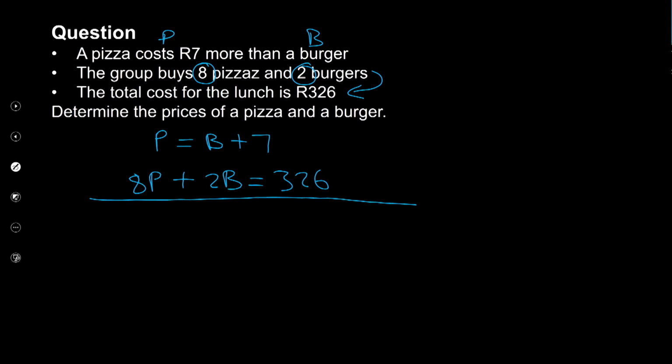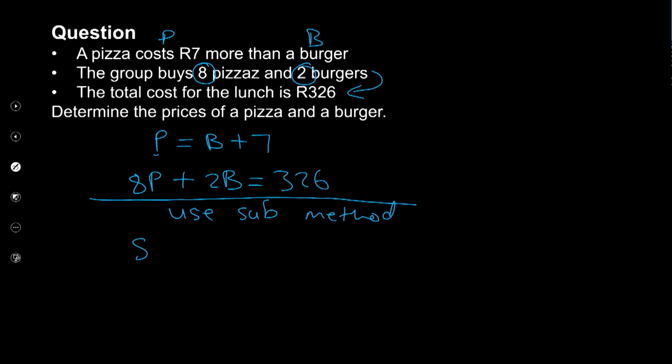You can already see that one variable is the subject of the formula here, so I can just use the substitution method. Using the substitution method, wherever I see P, I'm going to substitute B plus 7.